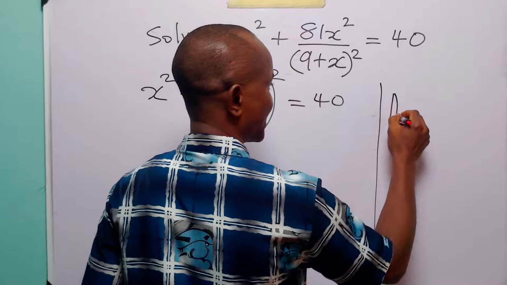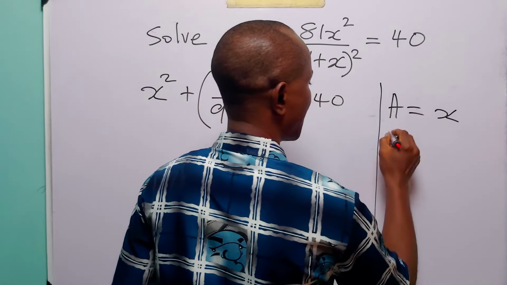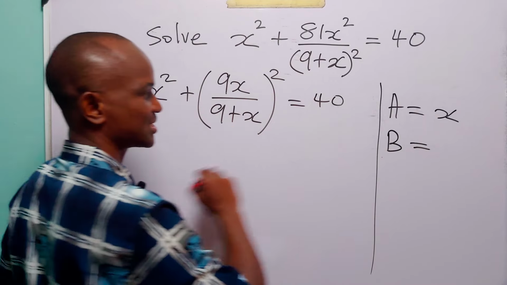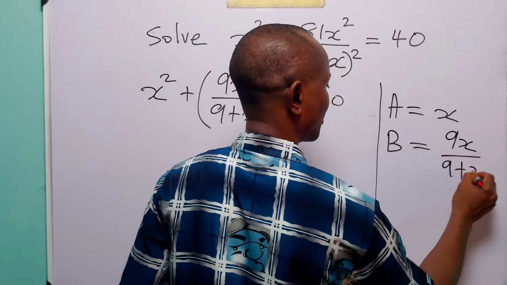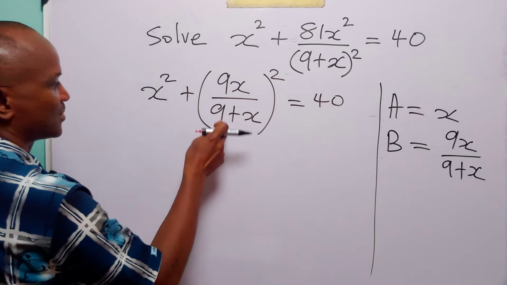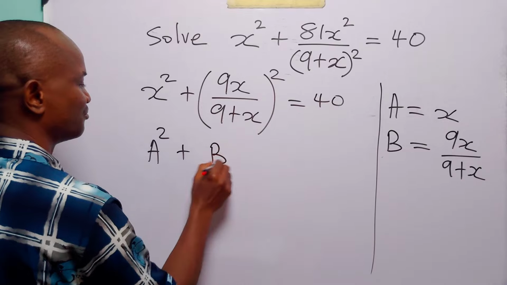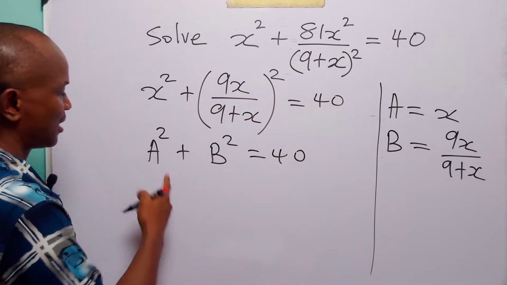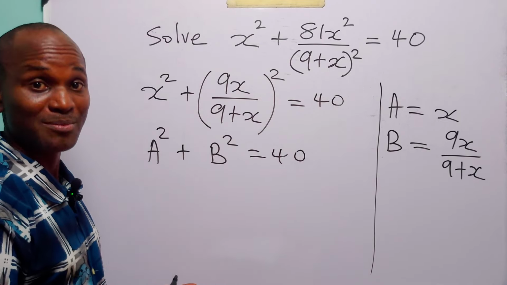Now if a is equal to x and b is equal to 9x over 9 plus x, then of course you know that we can write this equation as a squared plus b squared is equal to 40. But when you see this, two identities should come to mind.